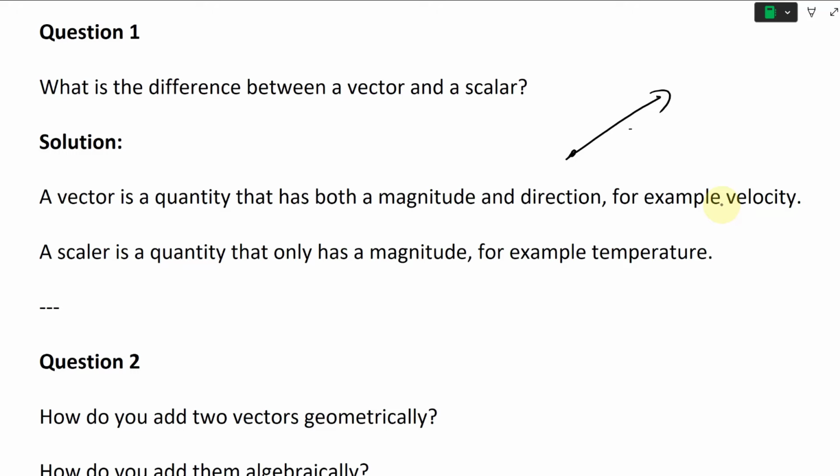Let's say you're going 50 miles an hour, and there's a direction there. A scalar, the difference being, only has a magnitude. A scalar is a quantity that only has a magnitude. For example, temperature. If you have 50 degrees Fahrenheit or Celsius, you just state that quantity, there's no direction in it. It's just the temperature of the room or whatnot.